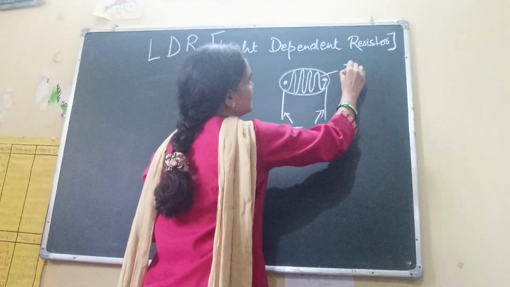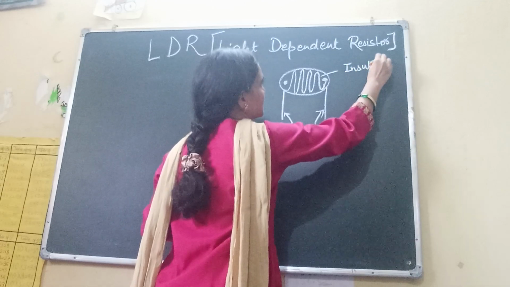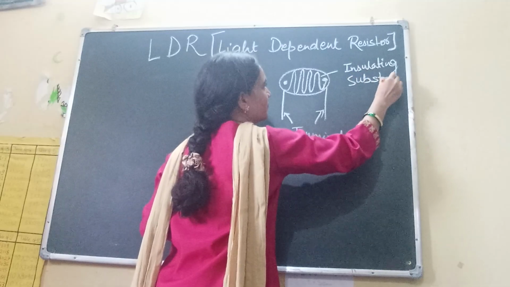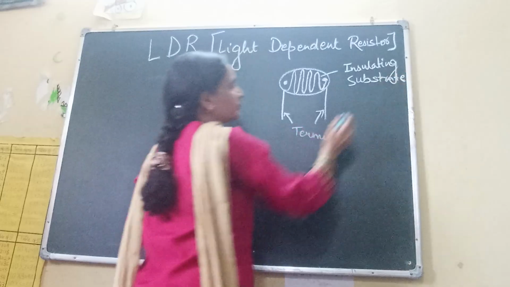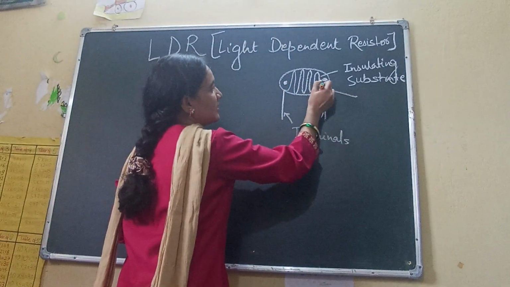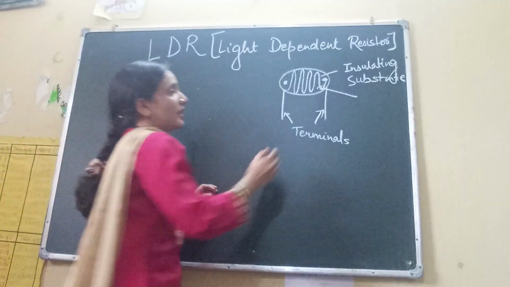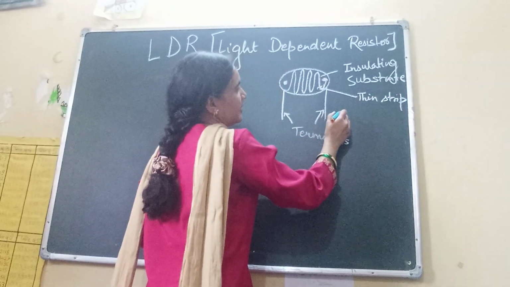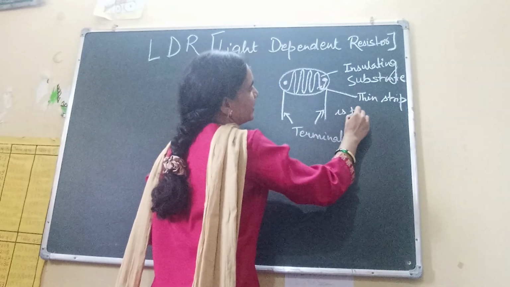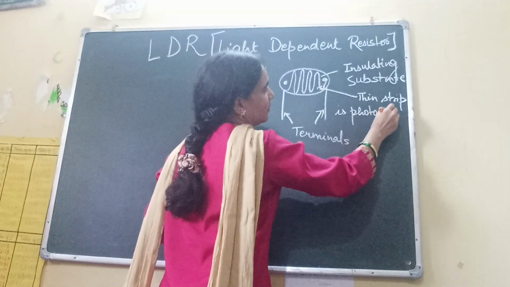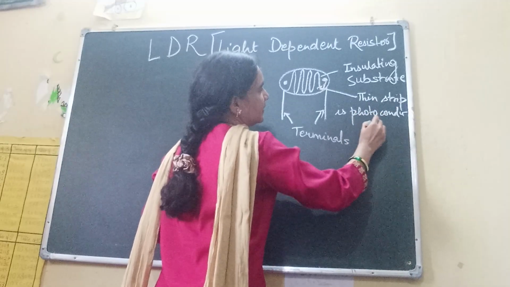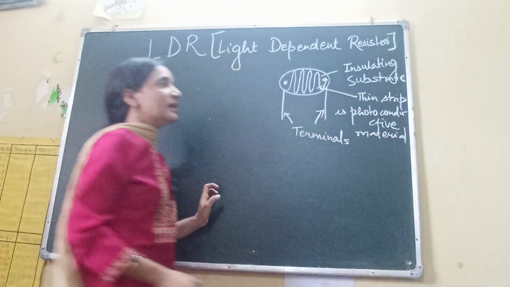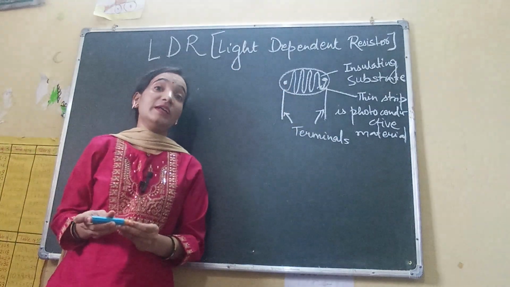This substrate is an insulating substrate. And this thin stripe is the photoconductive material.